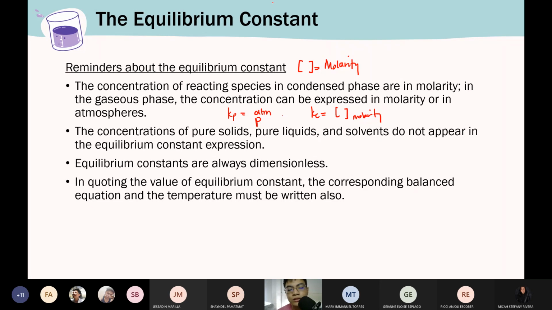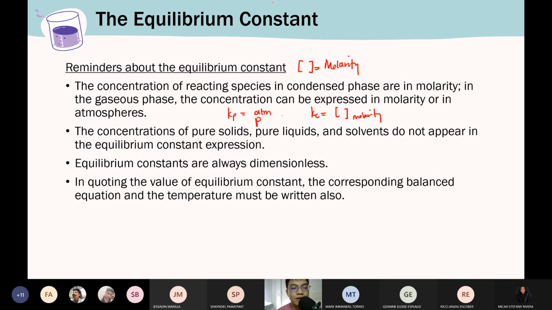Okay? It favors the product formation lalo. However, if you put it in colder environments, lumiliit yung K. Okay? So, meaning it just favors the reactant lang. Okay, that's why yung ating food, hindi agad napapanis when you place it in the refrigerator. But when you expose it outside, mabilis siya mapanis. Okay? So imagine nyo, no, may equilibrium constant pala sa pagkapanis ng food. Okay? So, ganun.